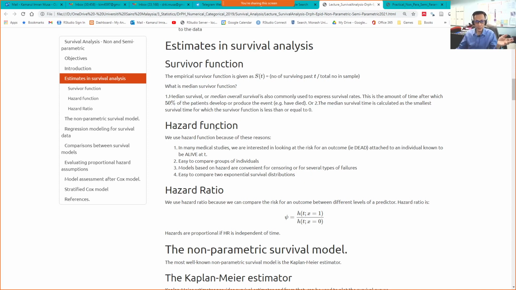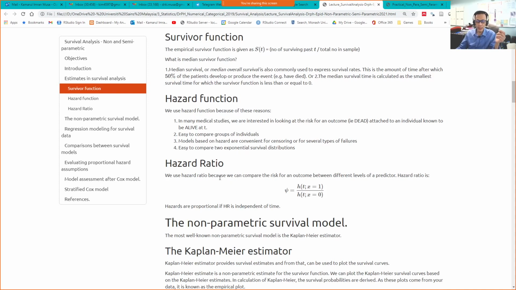And if you know the hazard function, then you can convert to a hazard ratio. By using the hazard ratio, we can compare the risk for an outcome between different levels of a predictor. So the hazard ratio is written as psi equals hazard at time t for x equal 1, divided by hazard at time t for x equal 0.